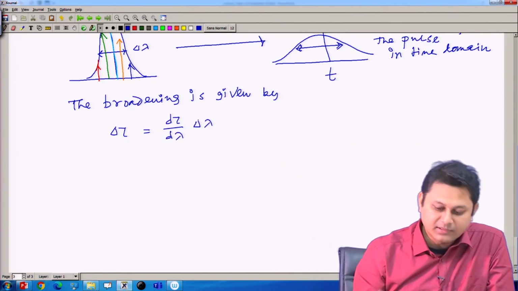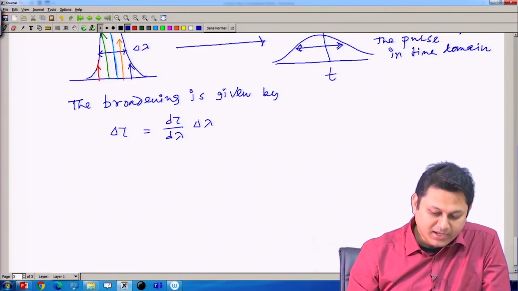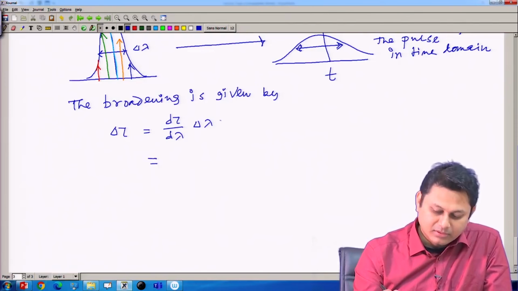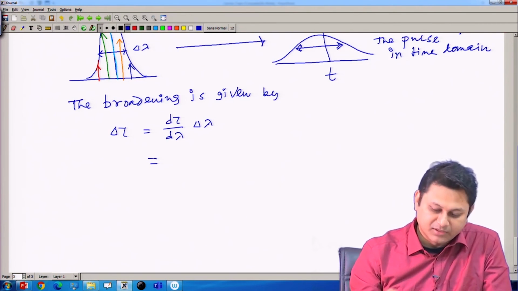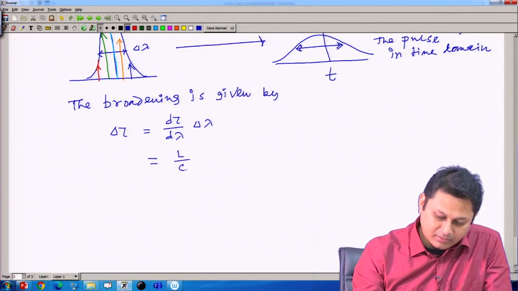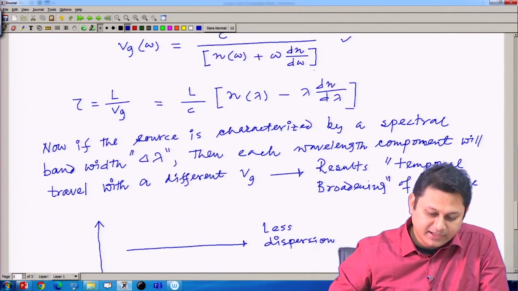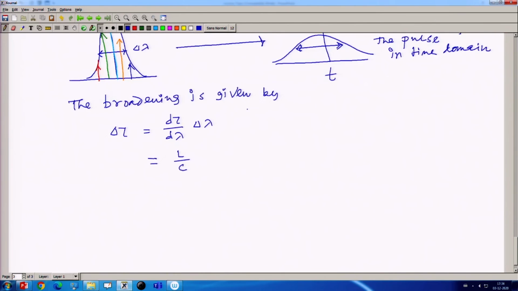Delta lambda is a width, and because of that one can have different times, and this is basically the measure of the temporal broadening. I calculated tau as L divided by Vg, and the expression is L divided by c multiplied by n of lambda minus lambda dn d lambda. I want to make a derivative of this quantity first.